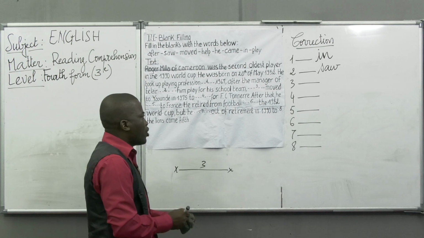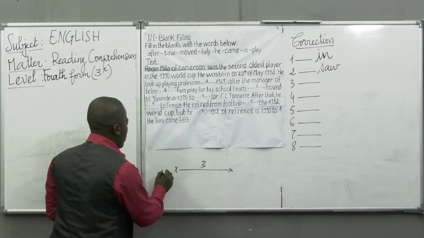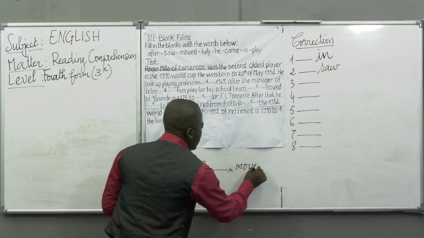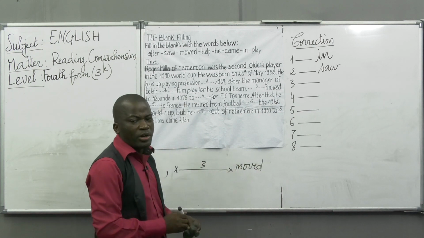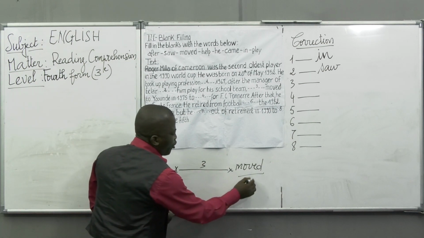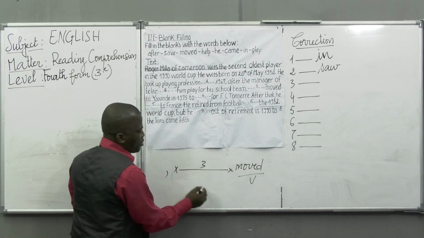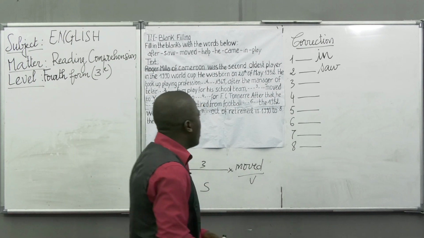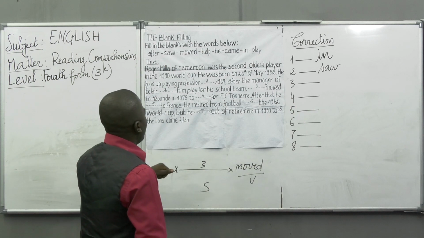Number 3. What is the word coming before? There is a comma. And what is the word coming after? Moved. Okay. The word coming after is moved. Then, moved is a verb, and what is missing here is a subject. Now, let's read the text.